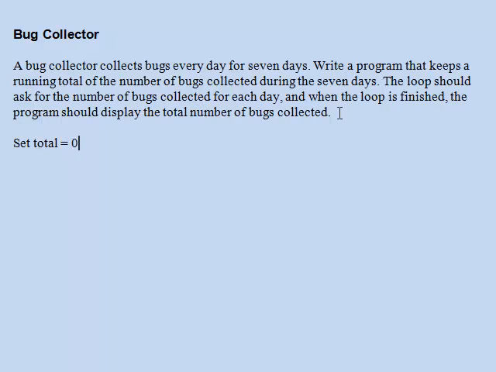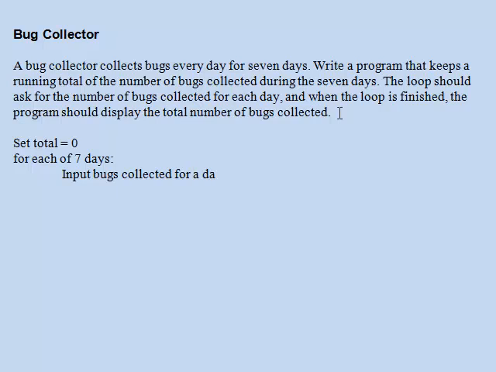So we're going to set total to 0, and then we're going to have a loop that works like this: for each of 7 days, and that's just my way of saying that the loop is going to iterate 7 times.